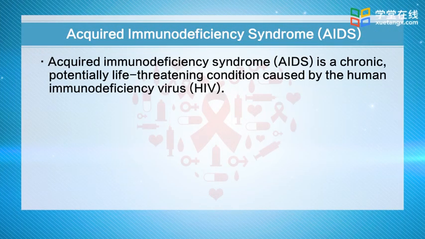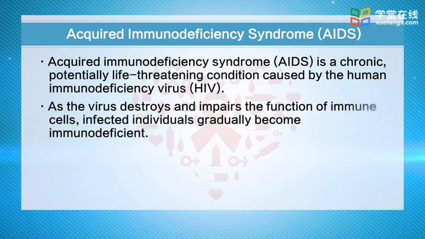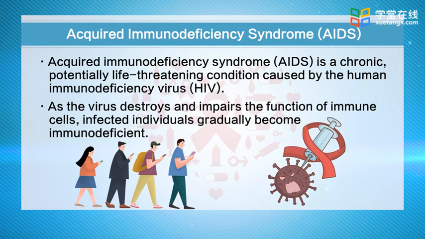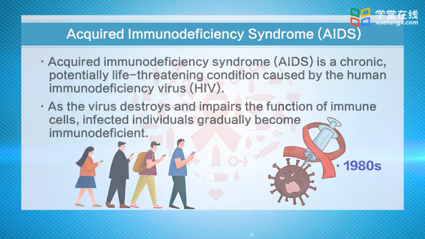AIDS is a disease caused by the human immunodeficiency virus and is characterized by profound immunosuppression, leading to opportunistic infections and secondary cancers. AIDS was first recognized as a distinct entity as recently as the 1980s.